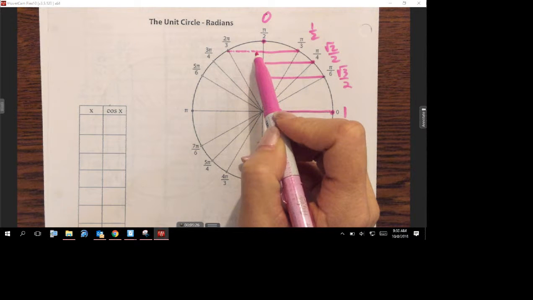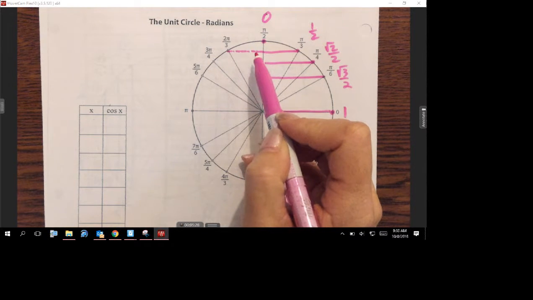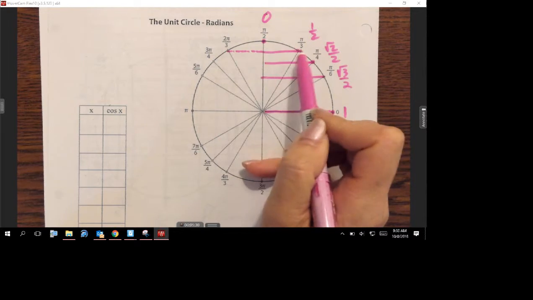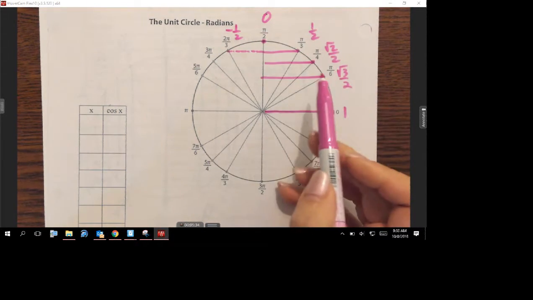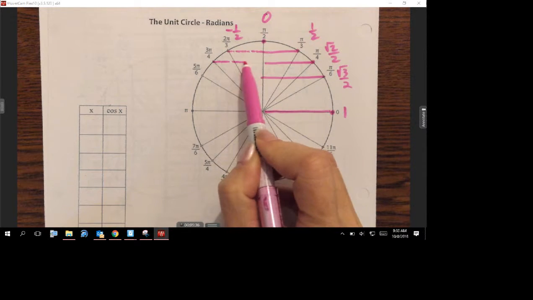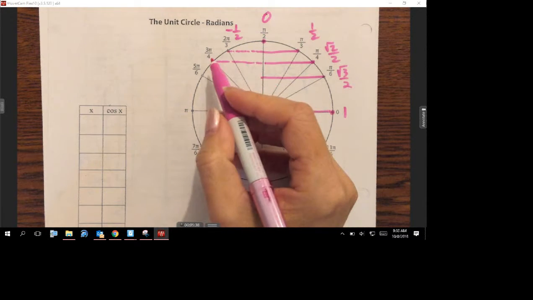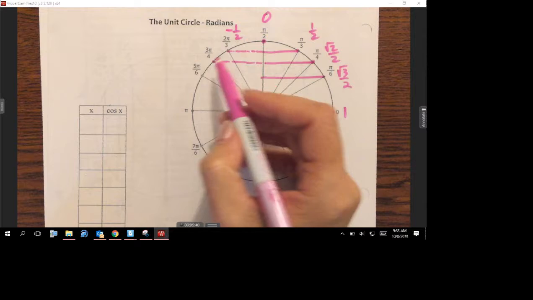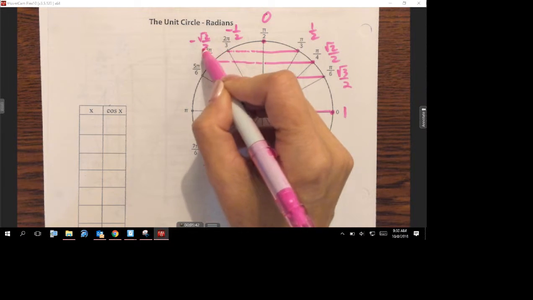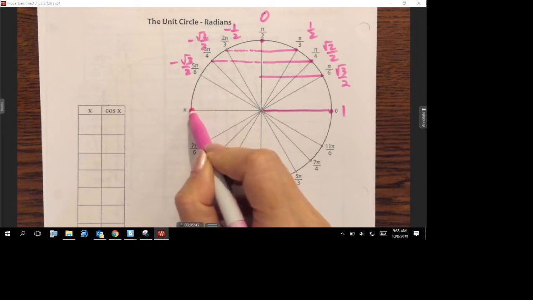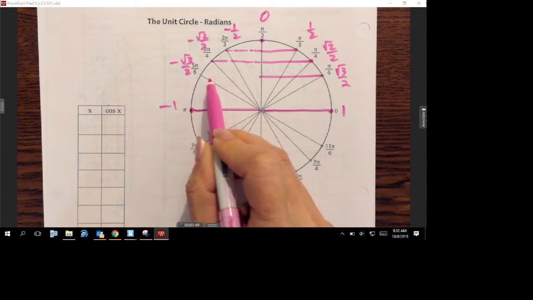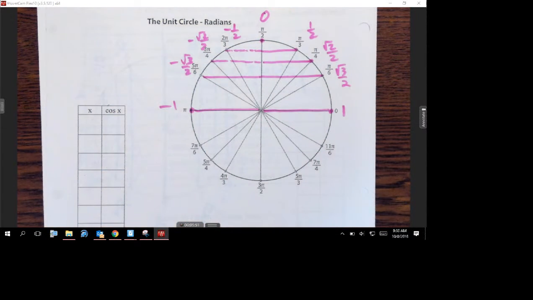It's negative now, but it's going to be the same as the one right across from it, so negative a half. It's increasing, but it's getting more negative, right? So negative radical 2 over 2, negative radical 3 over 2, and then negative 1 is the longest cosine value.